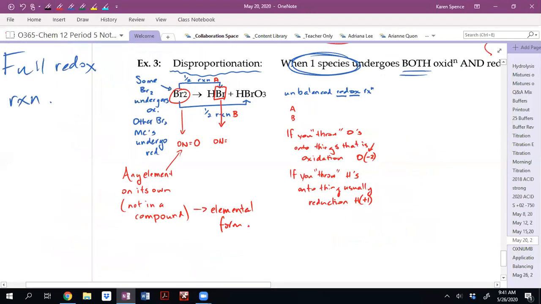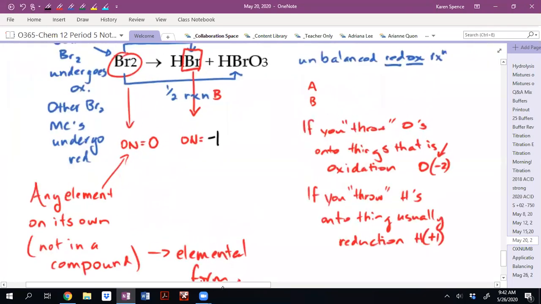Well, if we have HBr, you can set up the equation like we've been doing before, or this one's so simple because there's only 2 elements and only 1 of each. You can say if H is +1, which is its number, then Br must be -1, and most of you are getting that, so that's grand. So Br is -1 here. And then finally, what is the oxidation number for Br in HBrO3?